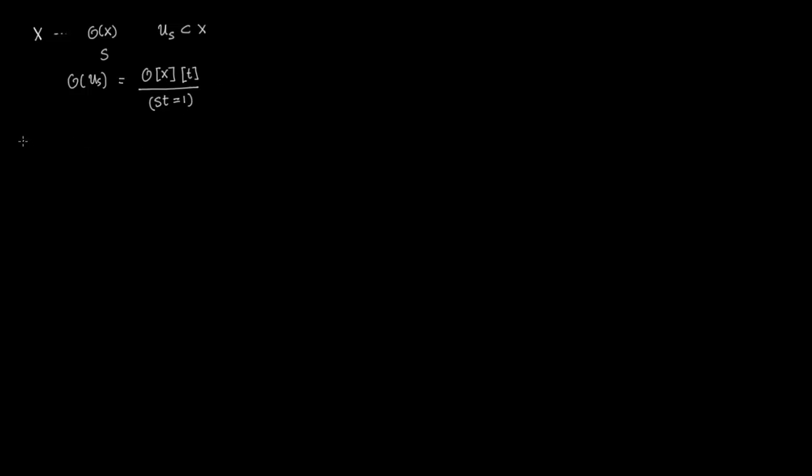Okay, now let us rewrite this. Notice that in general, for localization, you can see this in chapter 2 of Eisenbud's book, Commutative Algebra with a View Towards Algebraic Geometry, the localization of a ring R with respect to an element s is defined as you adjoin to it another variable t, and then you modulo out st minus 1.